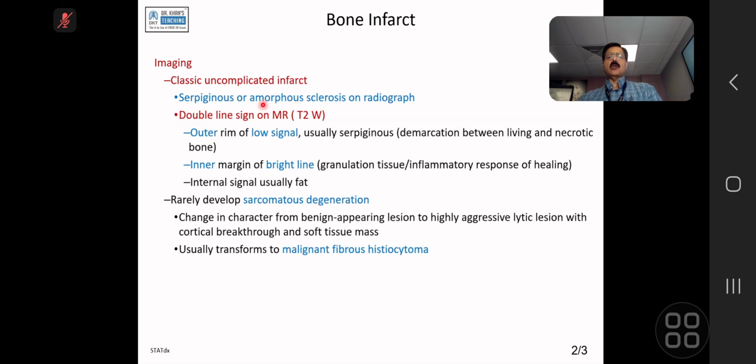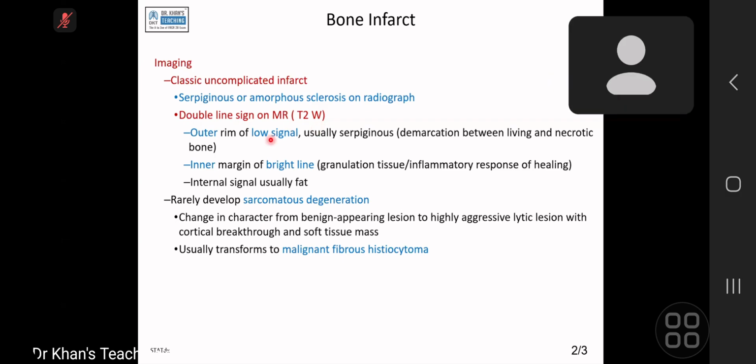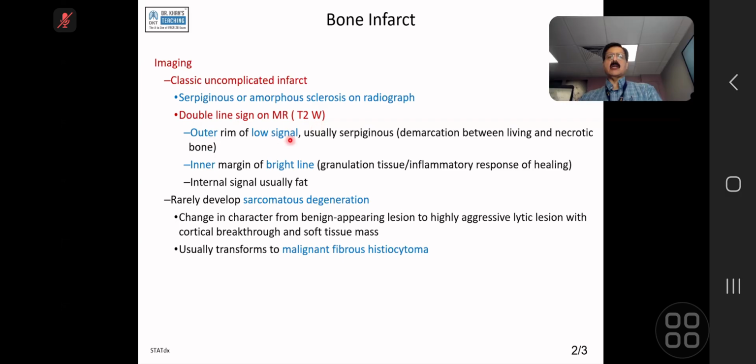Double line sign. What is a double line sign? And this is an exam sign. They will ask you in the exam. First of all, remember that this is seen on a T2 weighted sequence. There is an outer rim of low signal, usually serpiginous, which is the demarcation between living and necrotic bone.